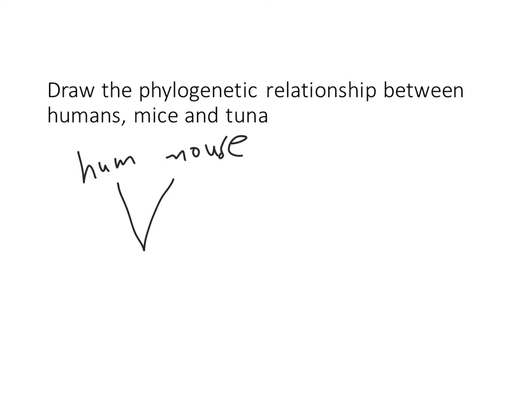Humans and mice. Why are they most closely related? They're mammals. So then how do we represent where tuna fits on this tree? Let's say tuna's over here. Where's the root? Right, the root's going to be down here at the bottom. Tuna and humans and mice share a more distant common ancestor than humans and mice do.